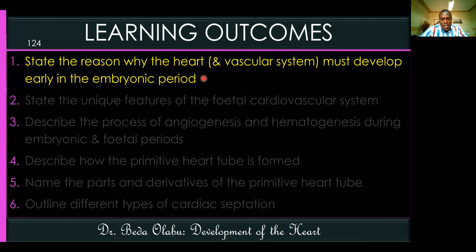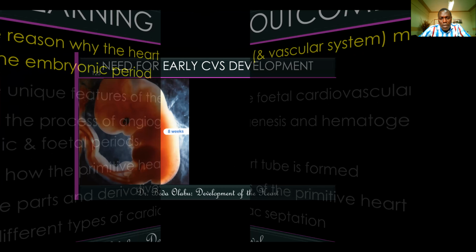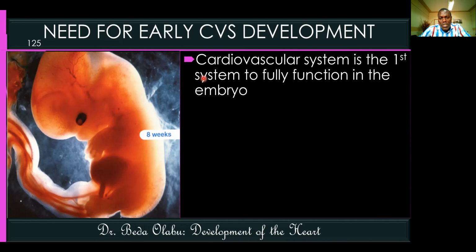So the first agenda is, why should the cardiovascular system be the first one to develop that early? Yes, I've already told you that the cardiovascular system is the first system to fully function in the embryo.